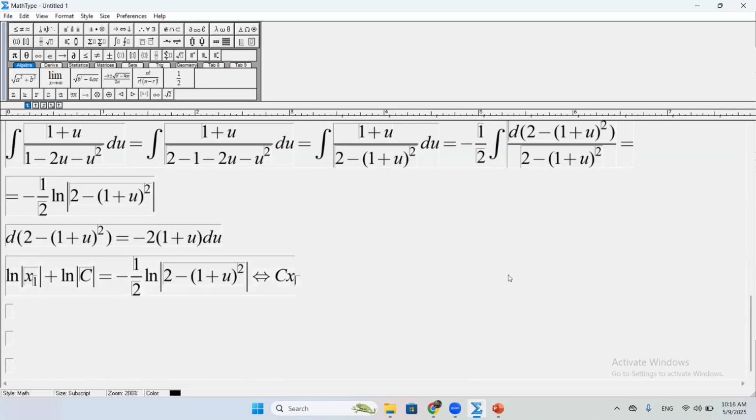So cx1 will be equal to 1 over this square root. And then we will move to old variables.